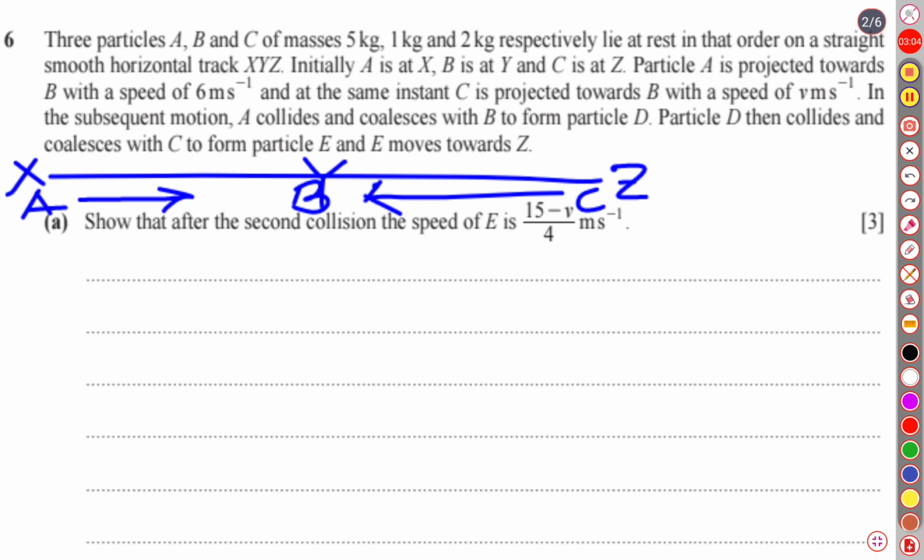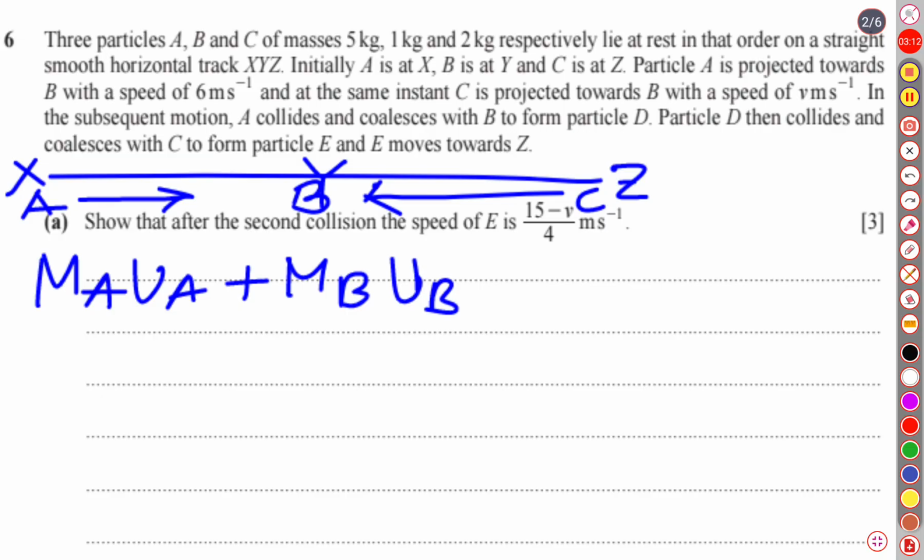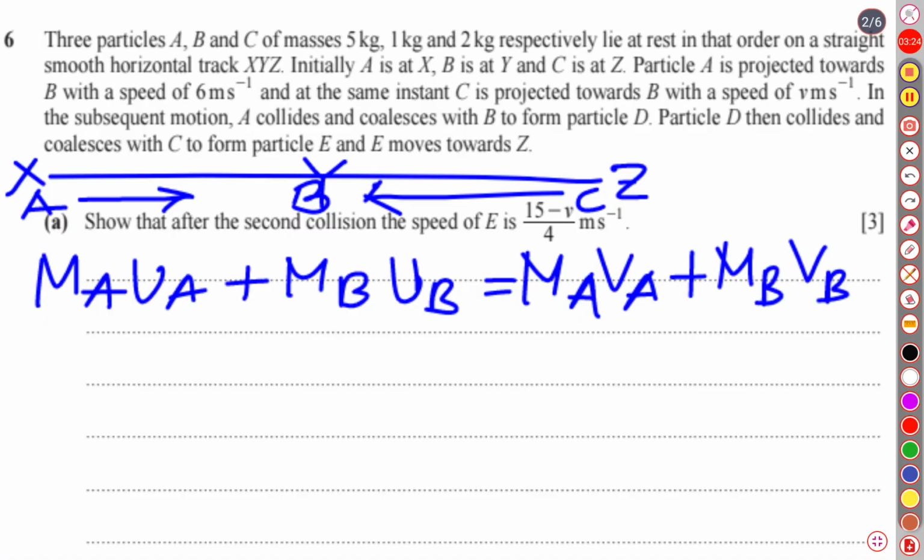First one is MA into UA plus MB into UB is equal to mass of particle A into final velocity of A plus mass of particle B into final velocity of B. So what is the mass of particle A?